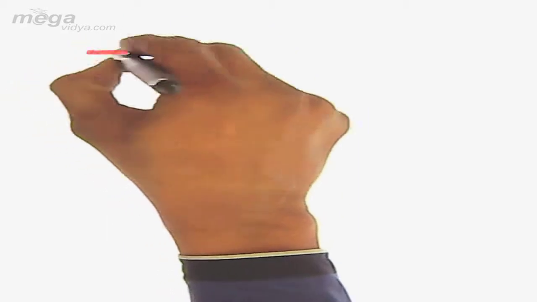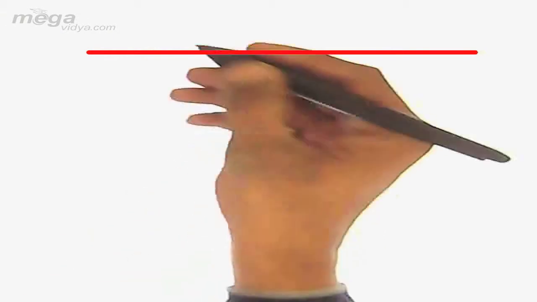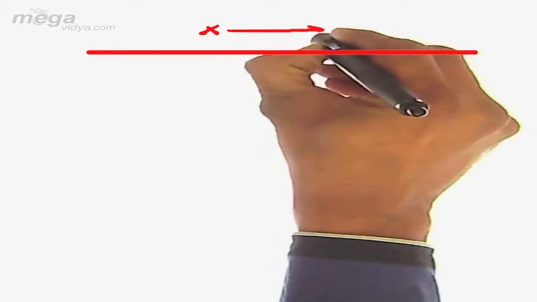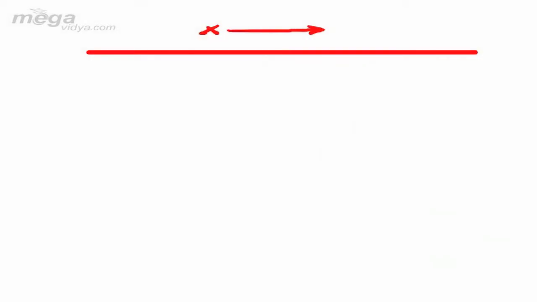So let us start in a very simple way. Consider a particle which is moving along this line. Say we are marking here x to be positive. Along this direction we will call it positive x direction.